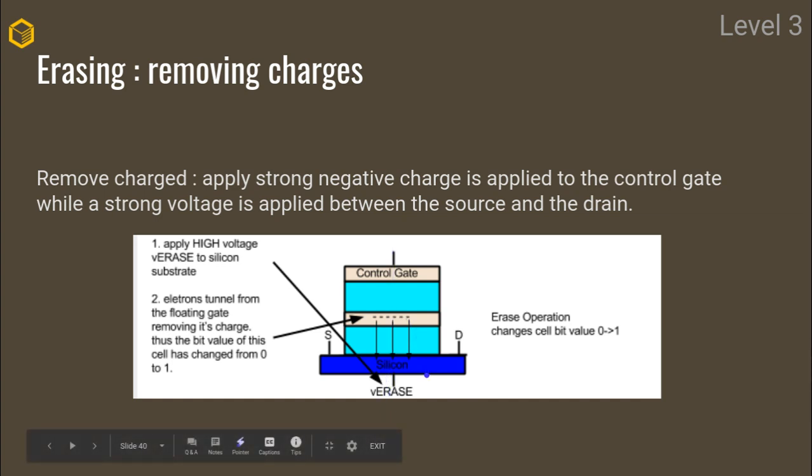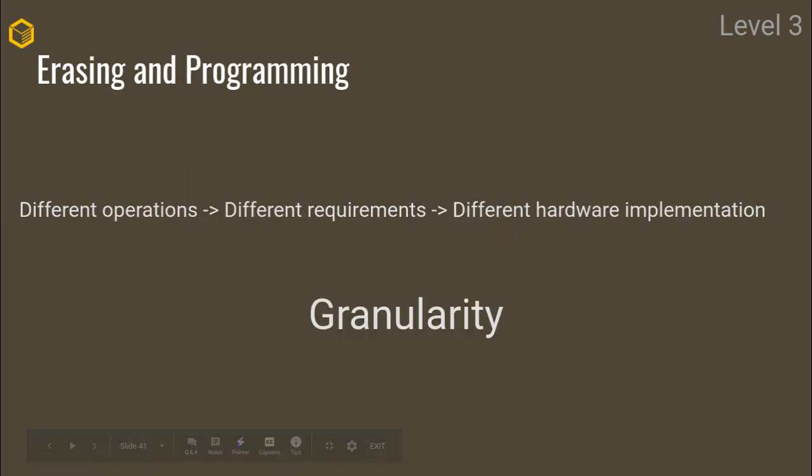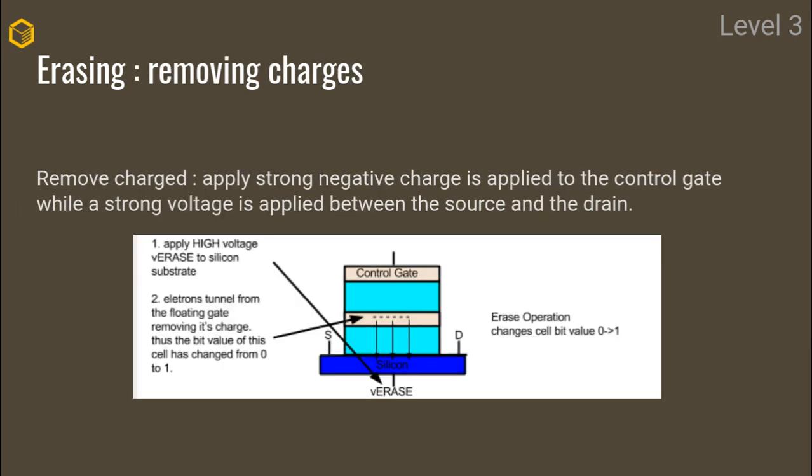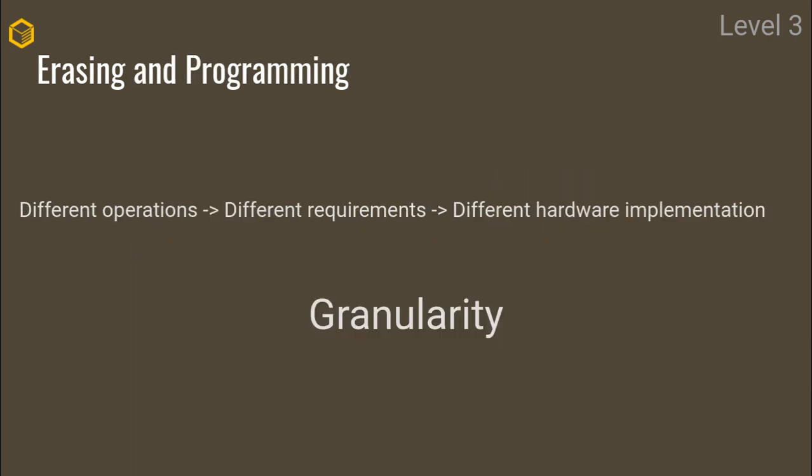We call this erasing. The particularity with erasing is that, unlike programming, it is much more expensive in terms of its hardware implementation, because it requires negative voltage thresholds, and it requires me to pump electrons using different circuits.